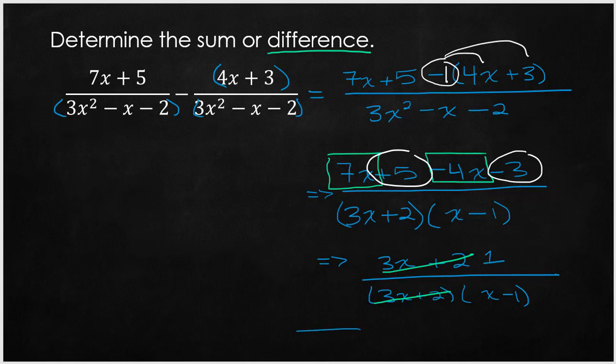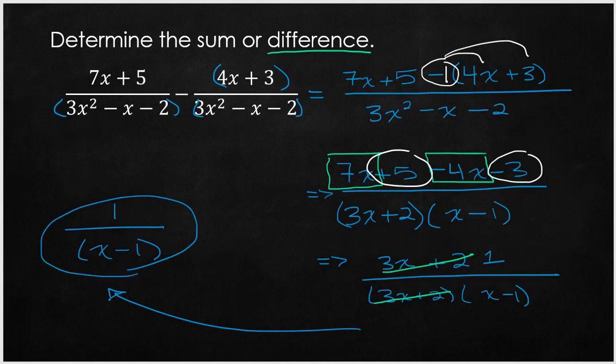So our final answer, I'm going to move over here to give myself room to work, would be 1 over x minus 1. Now, if you didn't simplify this part out, the 3x plus 2 over 3x plus 2, it's incorrect because that's kind of like leaving 2/4 and not simplifying it to 1/2. So you do have to do that part.